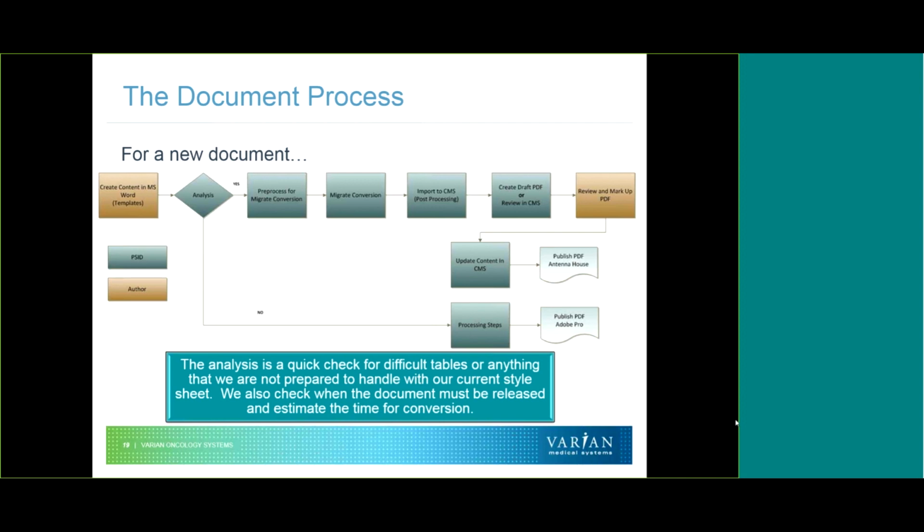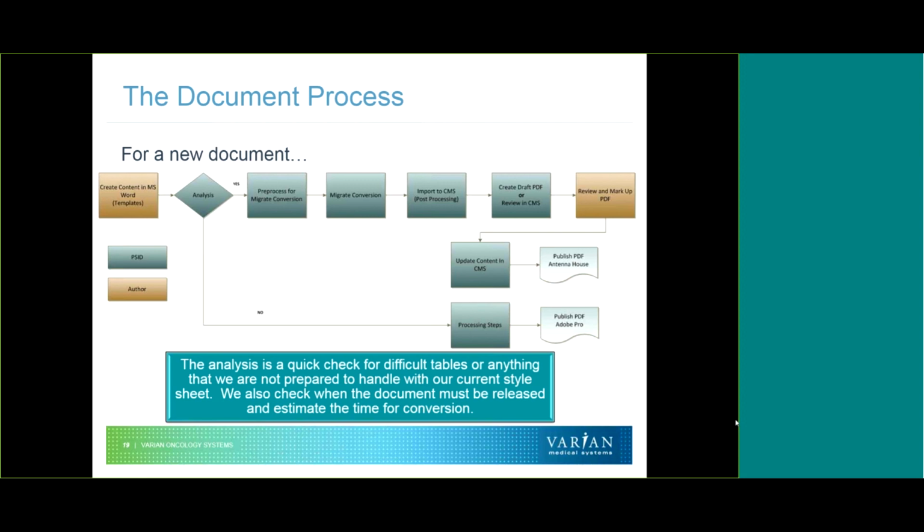So even though we're running a pilot of producing DITA content, we're still leaving ourselves the capability to process this in our current Word environment. So the pilot isn't a light switch where we've said, okay, we're going to produce all these document types in DITA. Every document comes in, we do a quick analysis. My team gets that into their inbox, and we analyze it for timeliness, whether it's a rush document and so on, as Catherine mentioned.